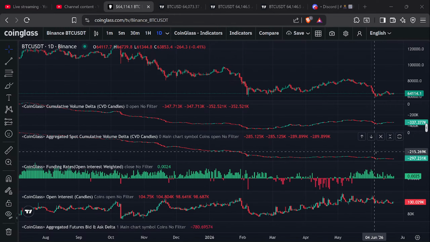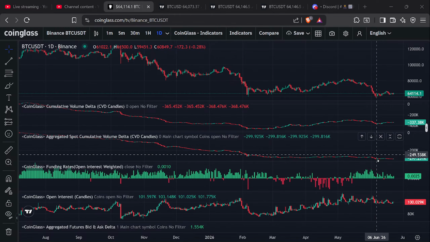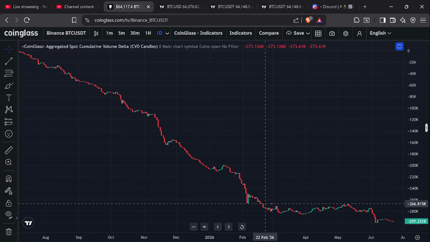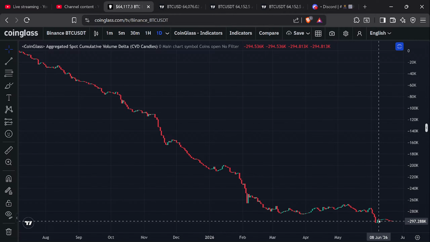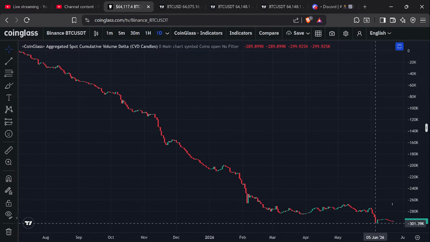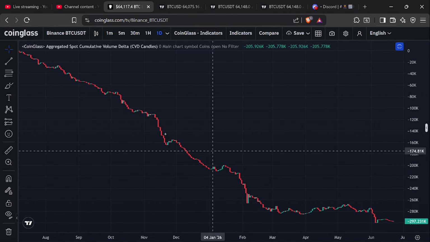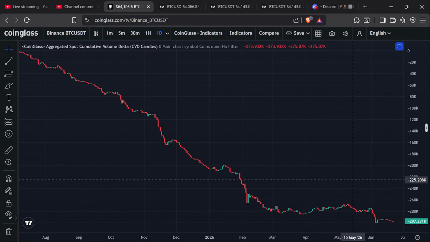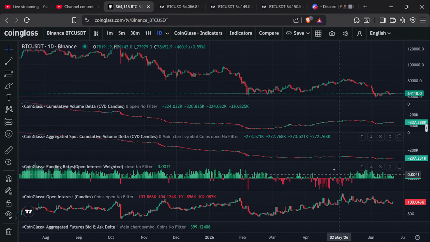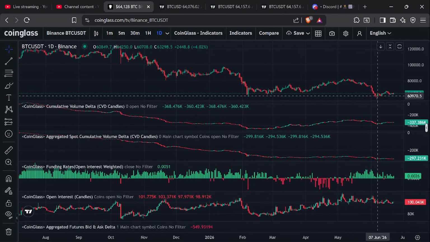So what needs to happen is for the spot to stop selling and to flatten out or make a higher low. Change this from going down all the time. As soon as we see that, then we know that the bottom's formed.